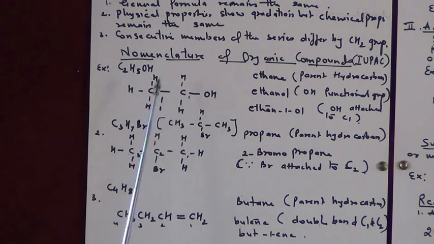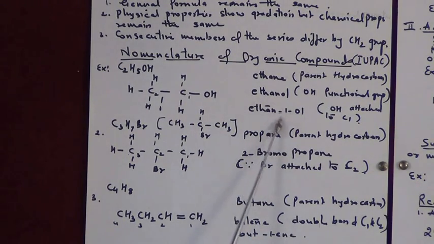This is carbon 1, this is carbon 2. So while naming the organic compound, we write it as ethan-1-ol. 1 represents the location of the functional group, and OL is the suffix that is used for the functional group alcohol, and hence it gets the name ethan-1-ol.